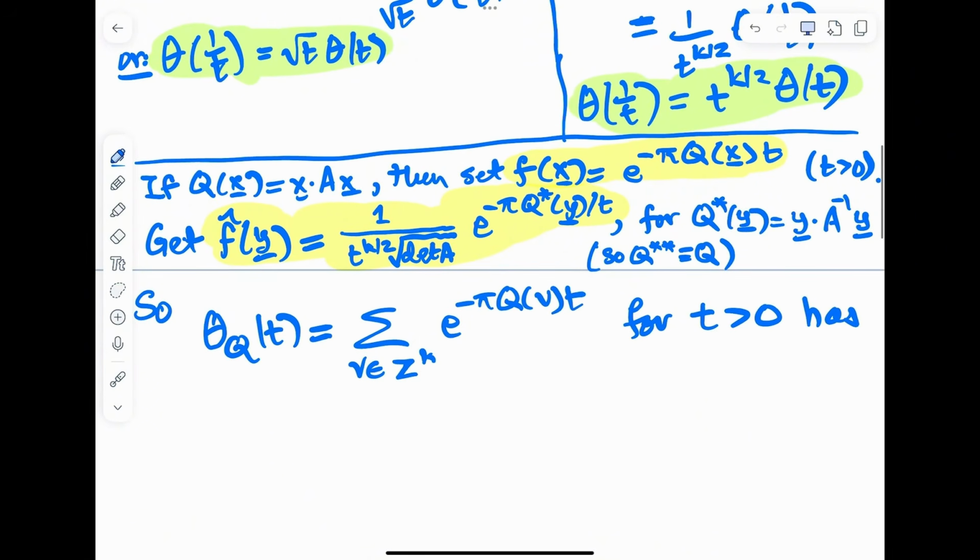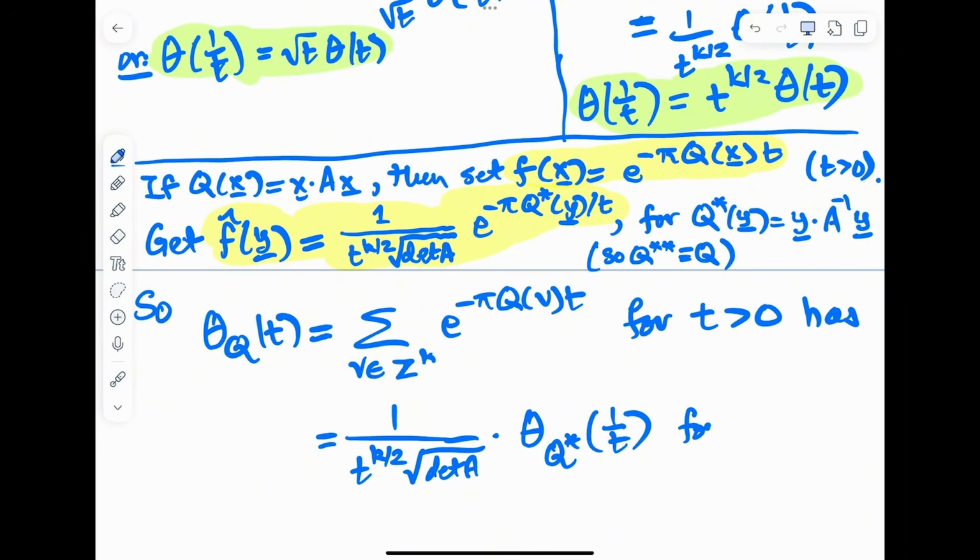Using the Poisson summation formula, you're going to get 1 over t to the k halves times the square root of the determinant, times the theta function of a second quadratic form, Q star, at 1 over t. Where, again, if Q is x dot Ax, Q star is y dot A inverse y.